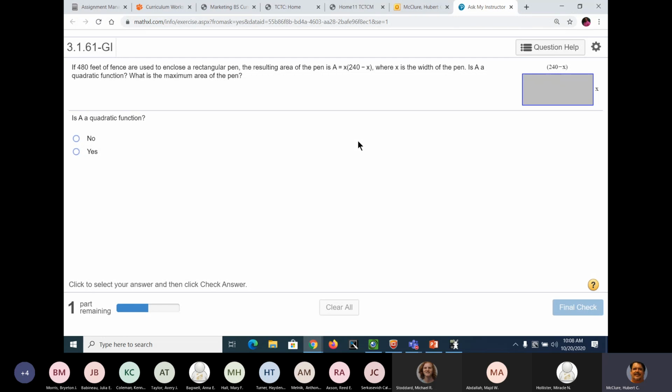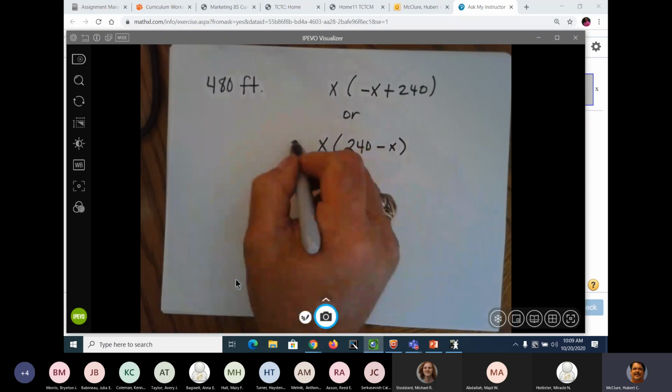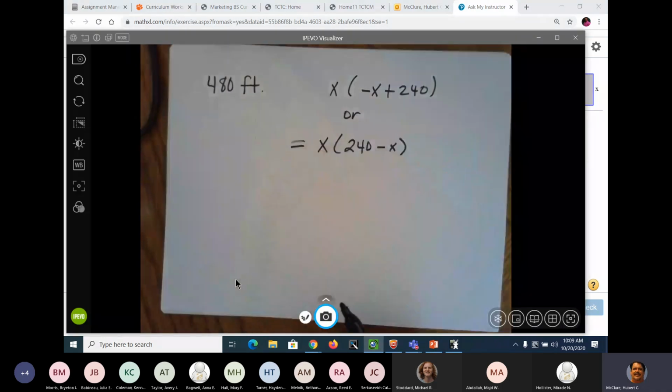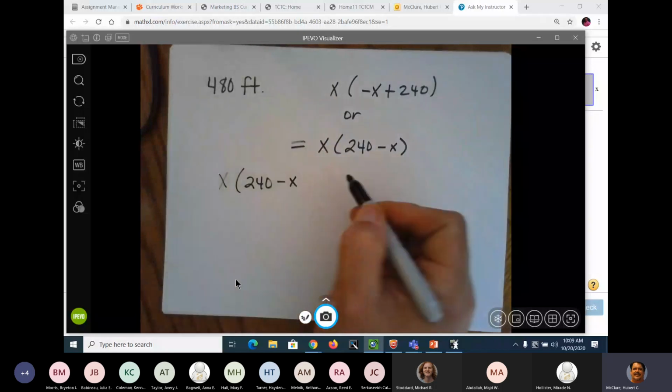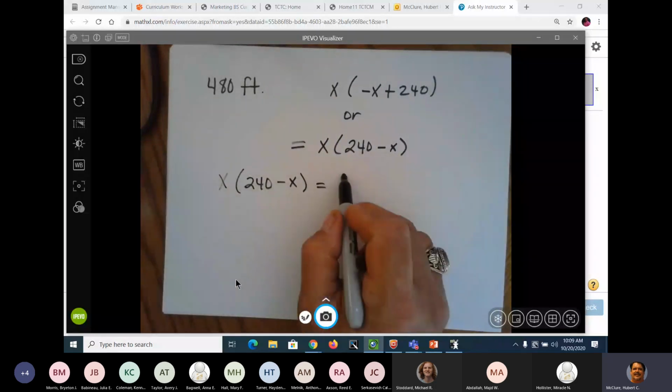Well, I better write it like they've got it: X times 240 minus X. What is the maximum area? Well, let's go ahead and set this equal to that. So X times 240 minus X is equal to 480.